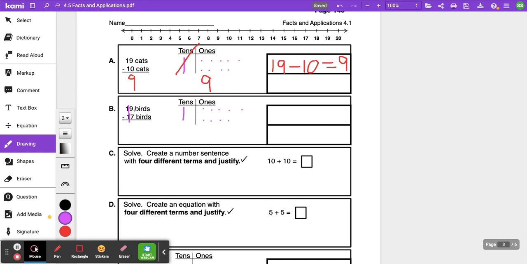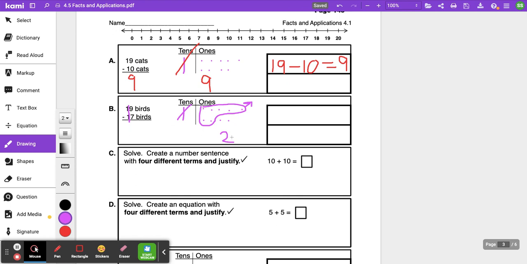I have 9 ones, take away 7 ones. So I'm going to circle here. 2 and 5, that's 7. If I take away the 7, I'm left with 2. And here, 1, take away 1. This is the tens place, remember? So I'm taking away the 10 that I had. Now I have nothing here.